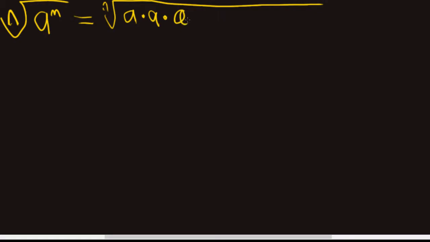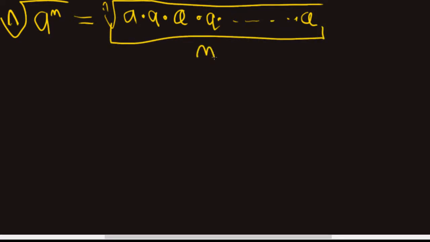This is the same thing as the nth root of a times a times a times a, and so on, until you get to that last times a, and you've done that for m times.